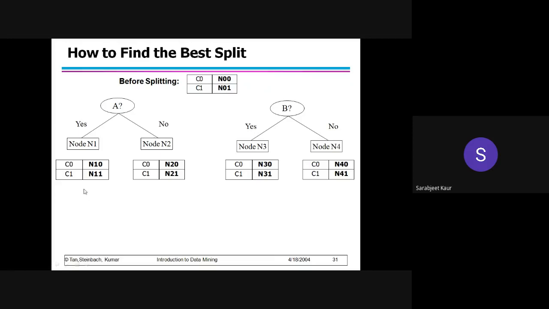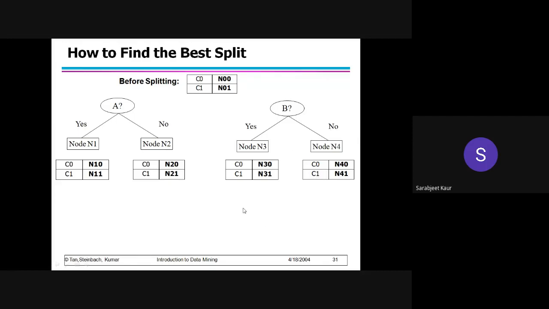You will see that we follow the same notation throughout. So N10 here means the number of instances which belong to class C0 at node N1. Similarly, N41 would denote the number of instances in class C1 at node N4.